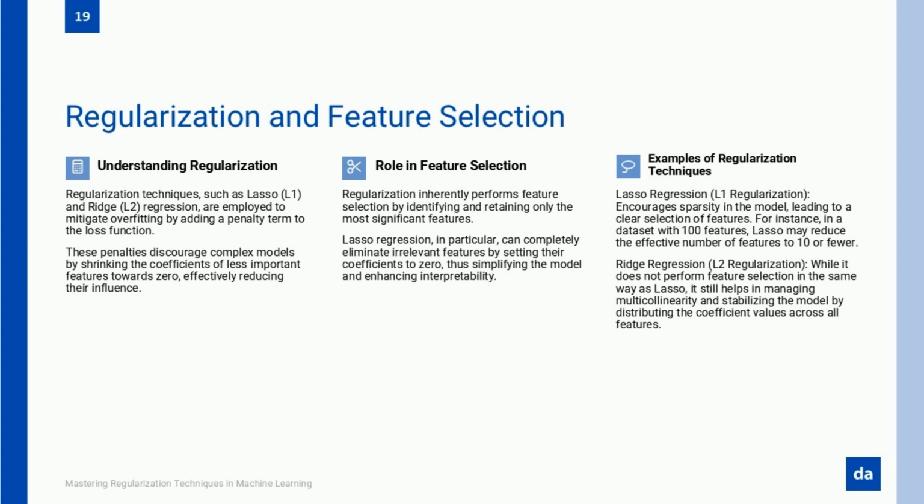This is exactly why feature selection using regularization is so powerful. It helps the model focus on the most important patterns rather than getting lost in irrelevant noise. One of the biggest mistakes in machine learning is assuming that more features means a better model. In reality, more features often make a model worse by adding unnecessary complexity and noise.